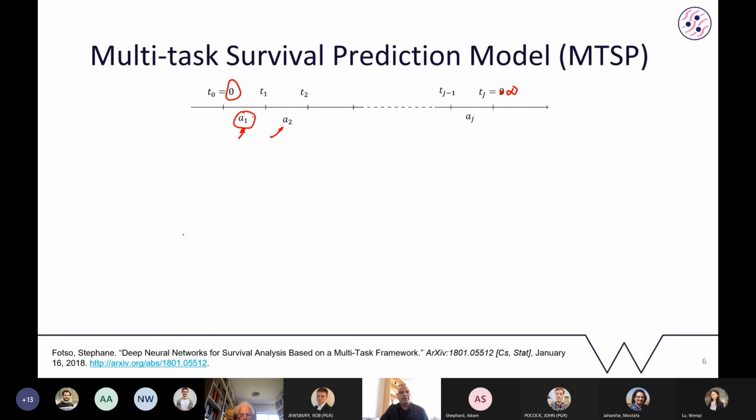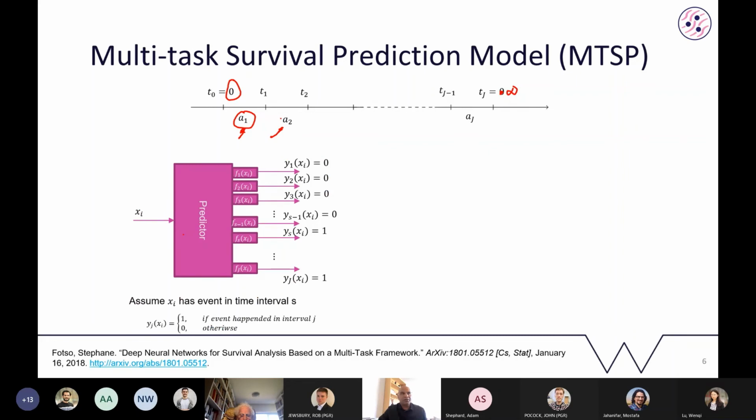So anything from 0 to t1 would be interval a1. And then there's a pretty clever method. You take a single example as input, and you have a multi-headed or multitask output prediction model that predicts whether this particular individual whose features I have input into the predictor has survived up to a certain time whose interval is indicated at a certain output.